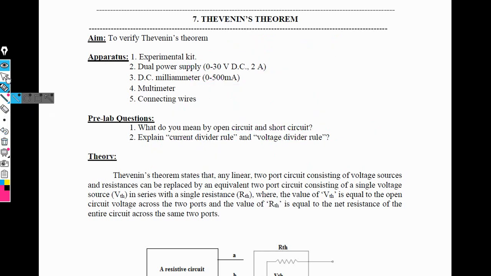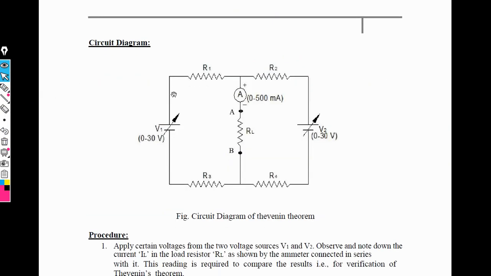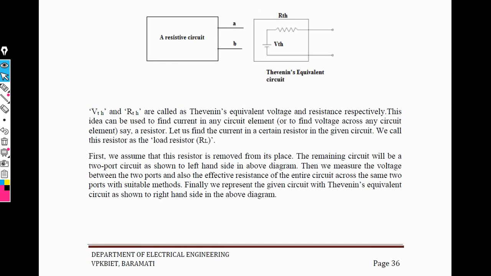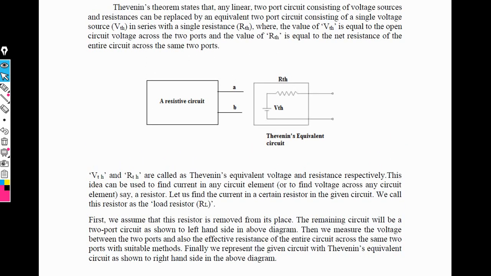But in Thevenin's theorem, we have this circuit here. Thevenin's theorem consists of a two-port circuit, which means one is an input port and another is an output port.